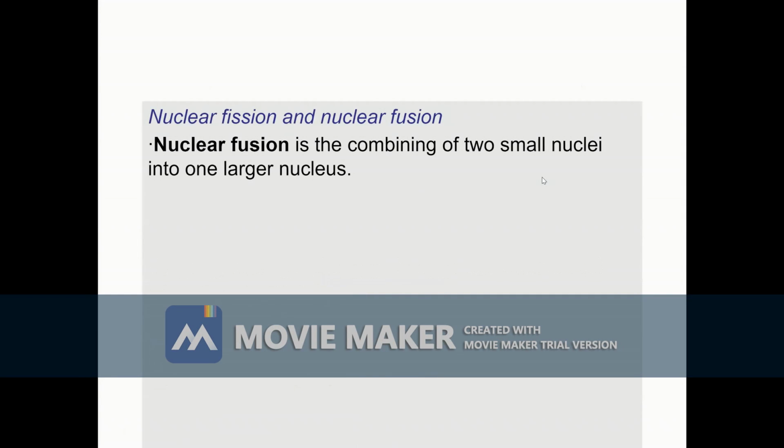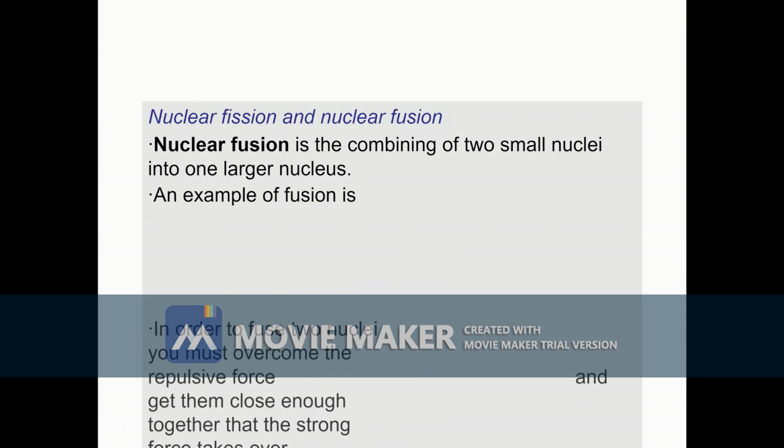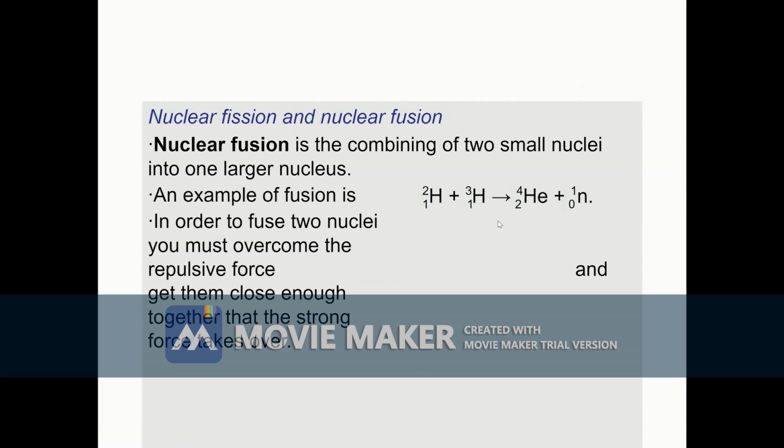The next topic is nuclear fusion. It is the process of combining two small nuclei into one large nucleus. An example of fusion is the reaction of deuterium with tritium to form helium and a neutron.